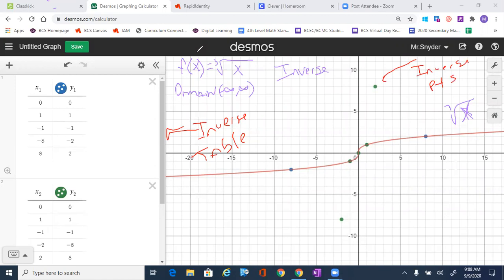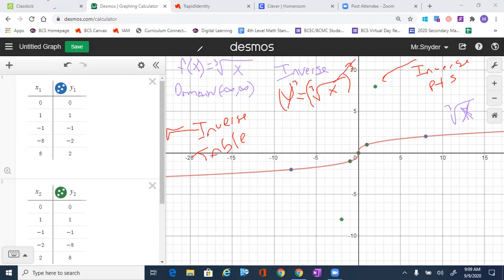So let's find the inverse. The first thing we need to do is say y equals the cube root of x. The question is, how do we get rid of a cube root? In order to get rid of a cube root, you may have learned this before, you cube it. Just like in order to get rid of a square root, you square it. So for a cube root, you use the power of 3. What you do to one side, you do to the other.